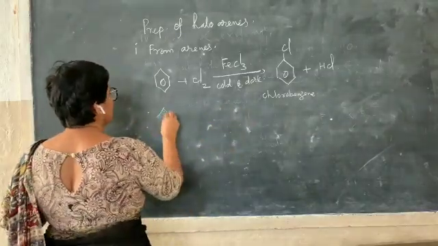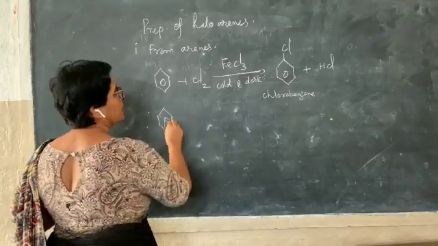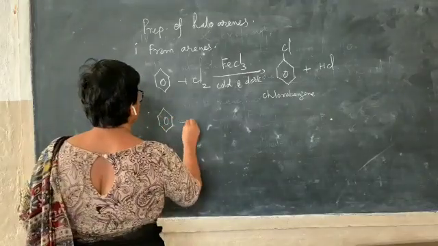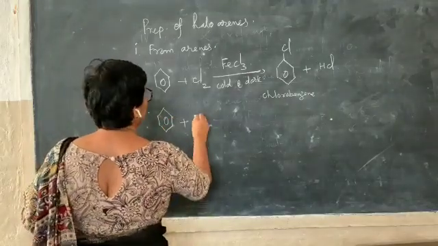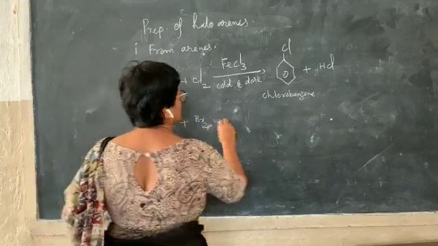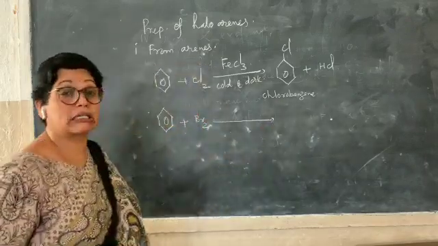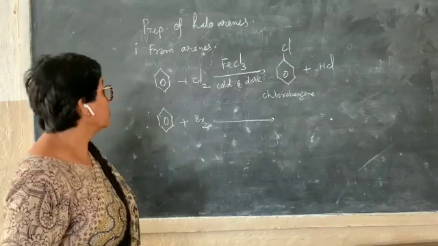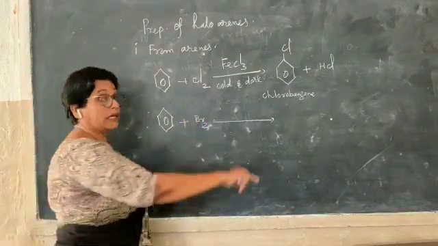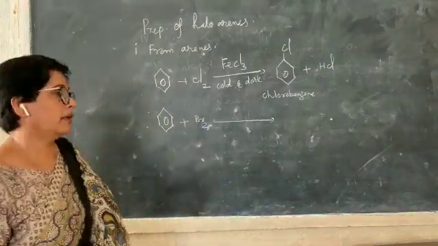Let us make bromobenzene also. This benzene is treated with bromine gas, a brownish, brown color gas. What would be the color of chlorine gas? That is yellowish green.